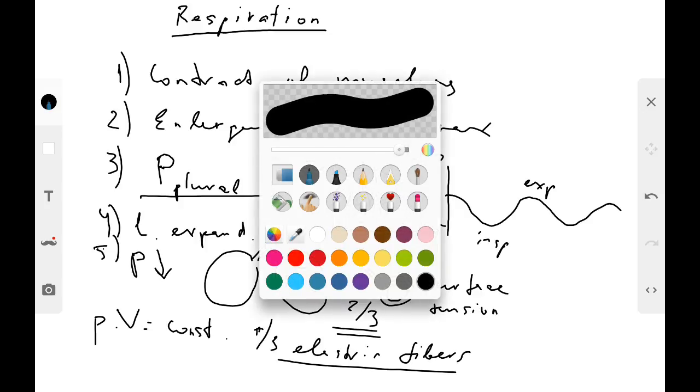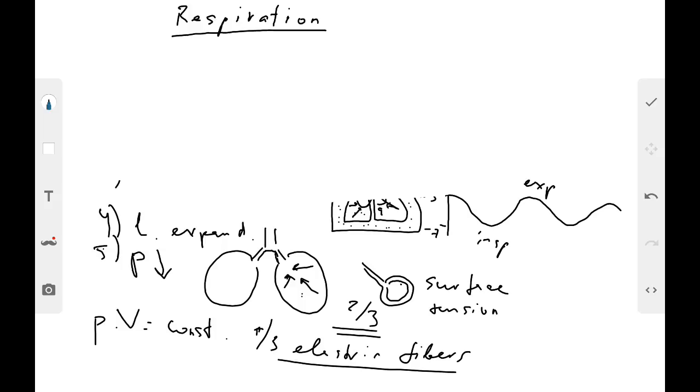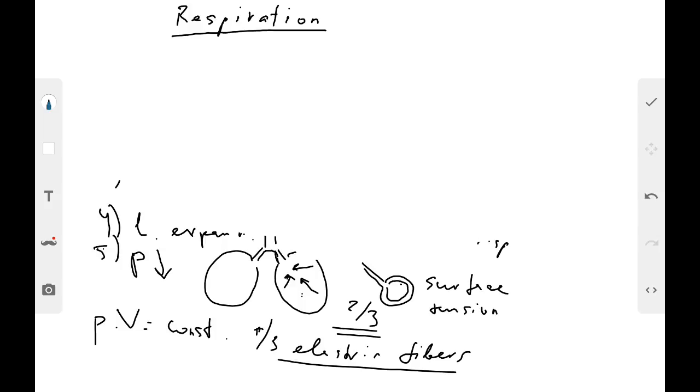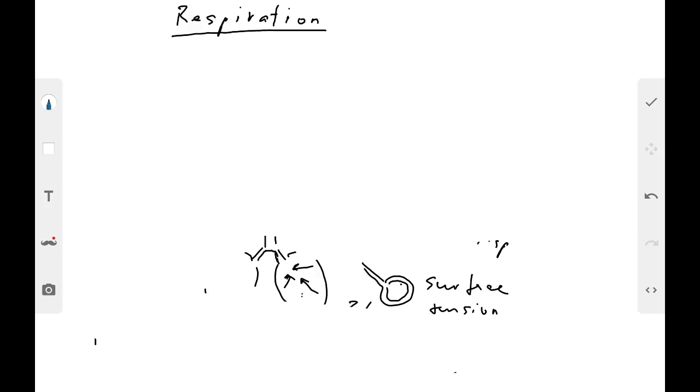Now let's go to expiration. What you should know about expiration. Expiration may be passive, due to gravity and the elastic fibers in the lungs, and may be active.